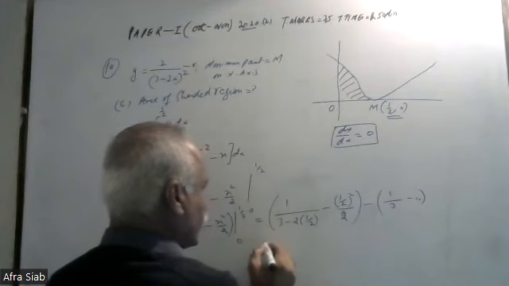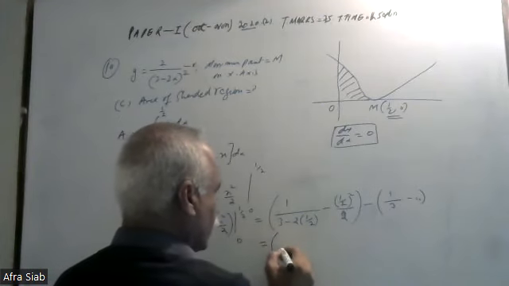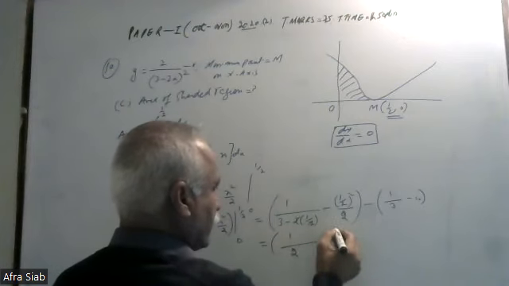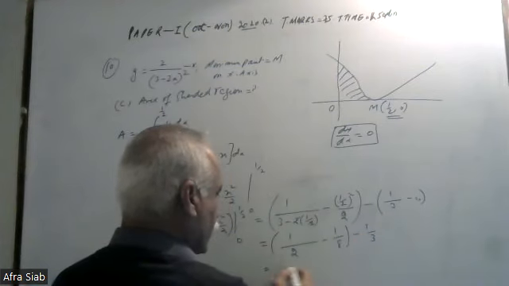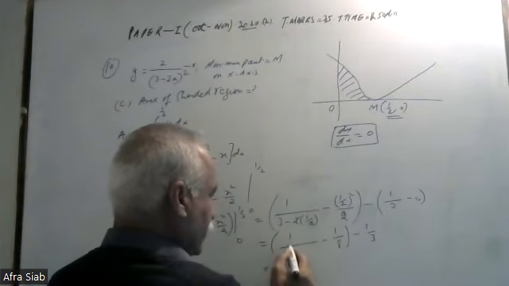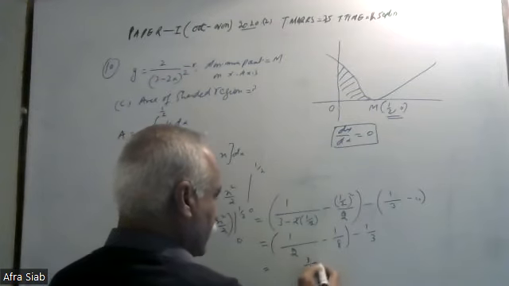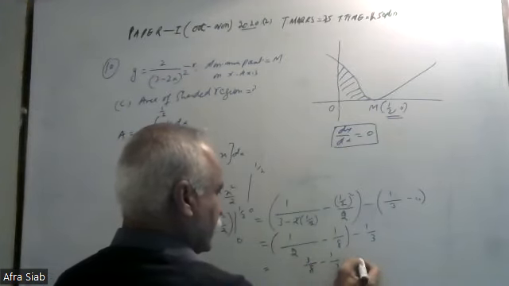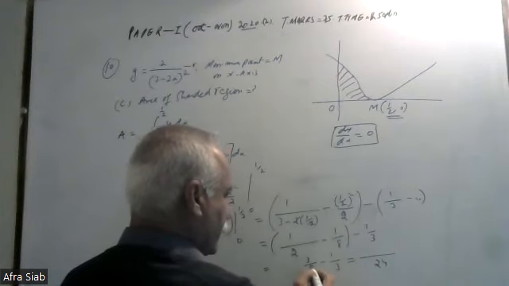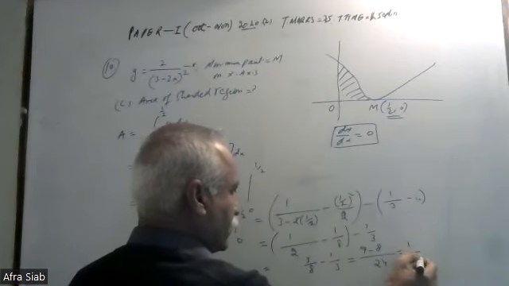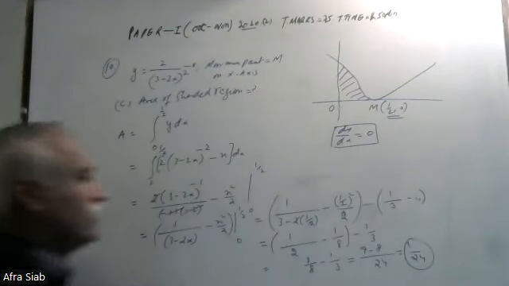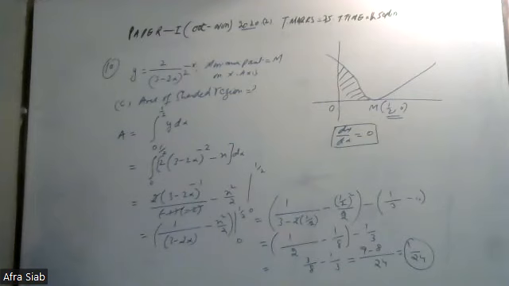So that is equal to 1/2 minus 1/8 minus 1/3. That is equal to 3/8 minus 1/3. If 24 is the LCM, that is equal to 1/24 square unit, which is the area of the shaded region in this part.